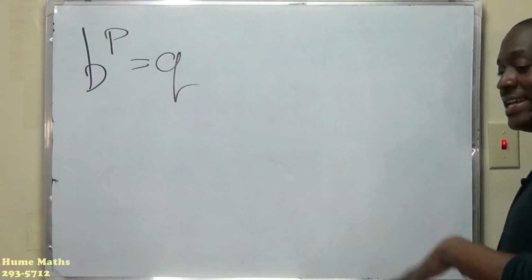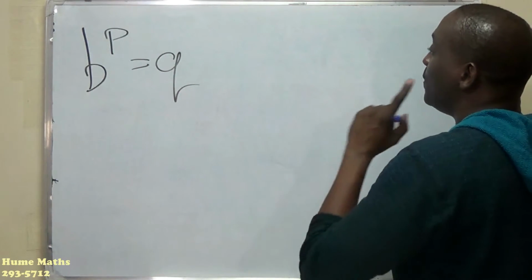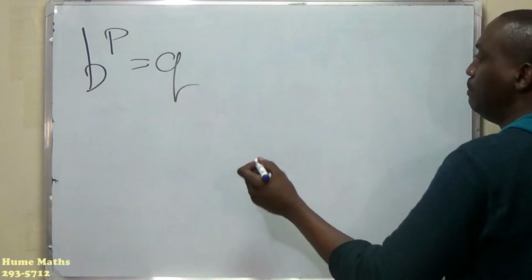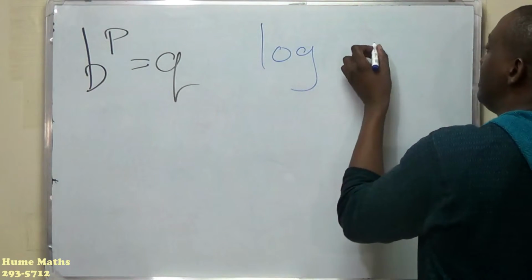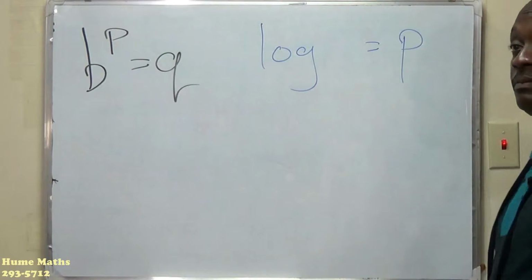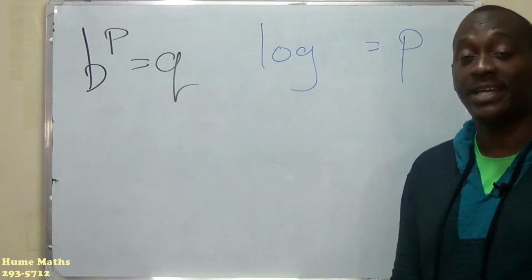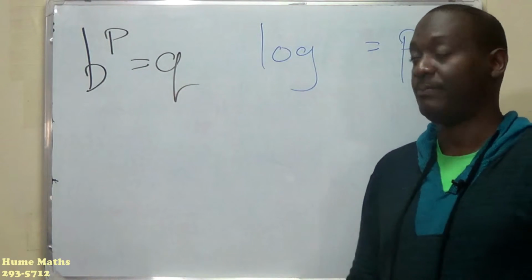So if we want to write that in words now, we say that the log is equal to p. Good? The log is a quantity which represents the power to which a fixed number, the base, must be raised to produce a given number.